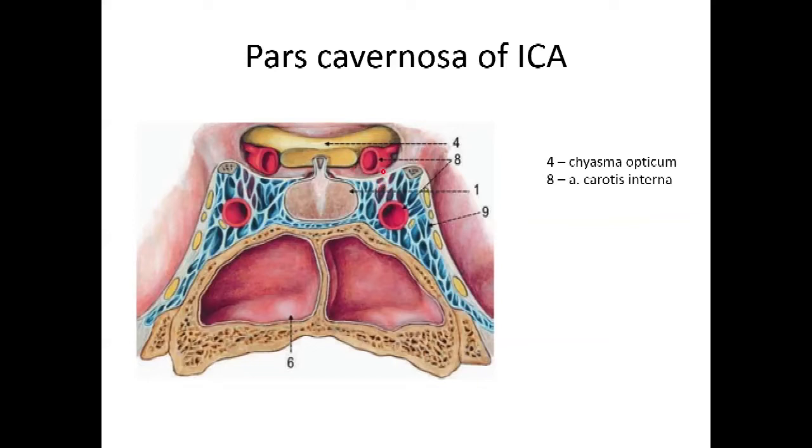And number 8, Arteria carotis interna. So Arteria carotis interna, you can see it was cut here when the brain was removed from the base of the skull.